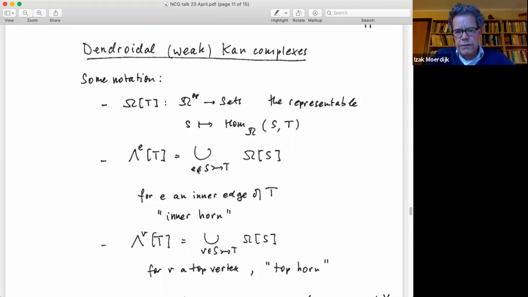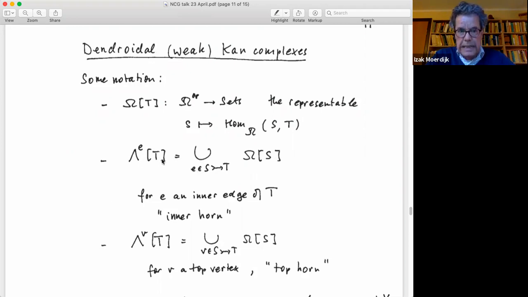And it misses the face which would have contracted an inner edge E. So you take all the maps from S to T, and you take their images, but the only one you don't take is the one where the edge E has disappeared. So the edge E must still be in S. You get another tree S, omega of S embeds nicely into omega of T, and you take the union of all those.